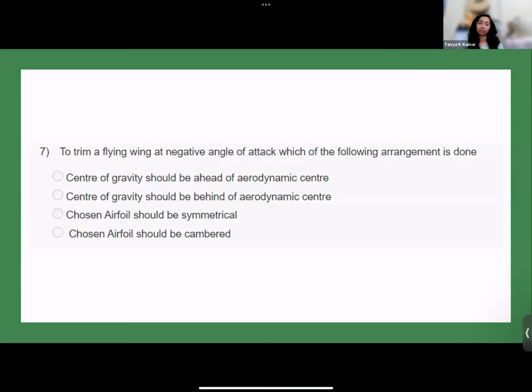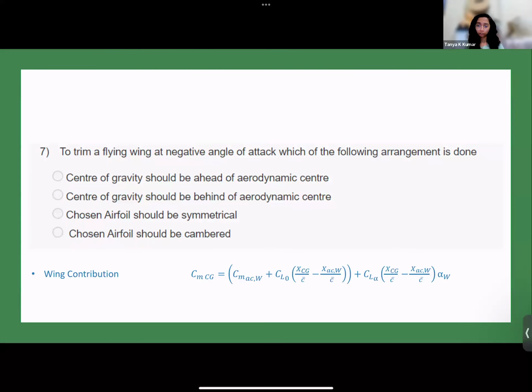To permit trim at the negative angle of attack for a wing alone configuration. So the aircraft has only wing. I want to trim my aircraft at a negative angle of attack. So I choose the tapered airfoil, your CM, so that was a formula, right? Wing contribution. So if I do option one, CG should be ahead of aerodynamic center. That means this will become negative. If CG is ahead of aerodynamic center, this becomes negative, right?